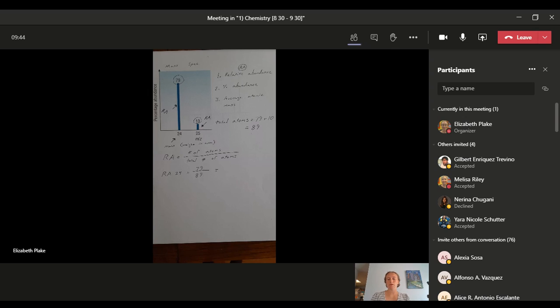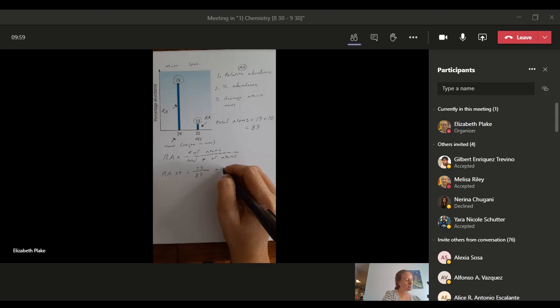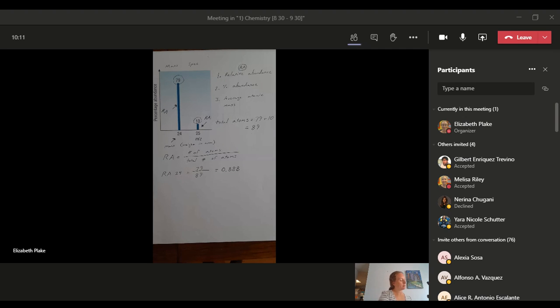So I am going to pull up a handy dandy calculator and divide 79 by 89. So plugging it into Google, because that's how things work nowadays, we get 0.8876, and I can round that up to 0.888. So this is my relative abundance for this first isotope.